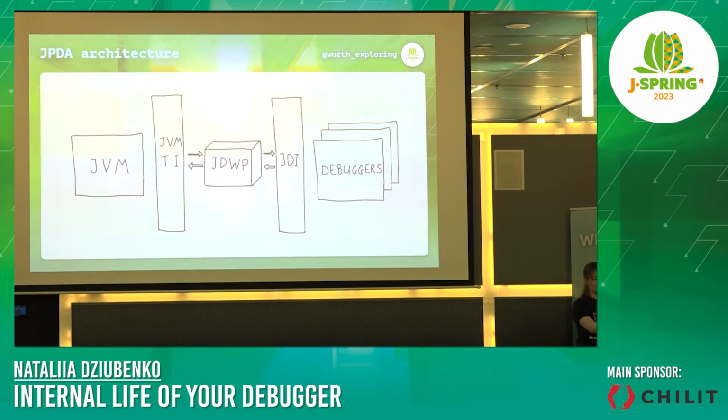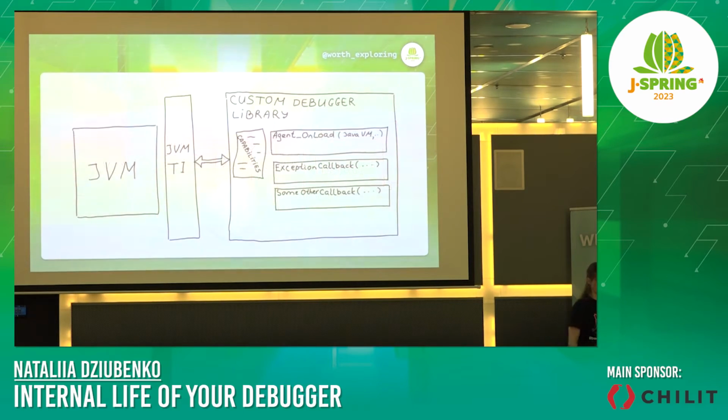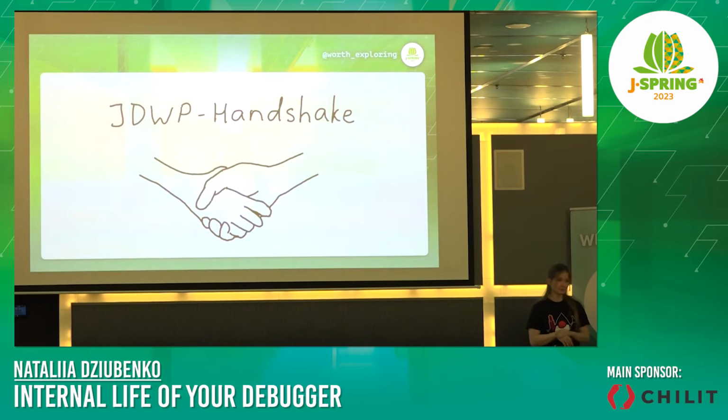So I started looking into the JDWP protocol, and how does it work? You start your JVM. Most debuggers work this way, right? You start your JVM, and you specify the configuration to enable remote debugging. And then anything can connect to your application at runtime.